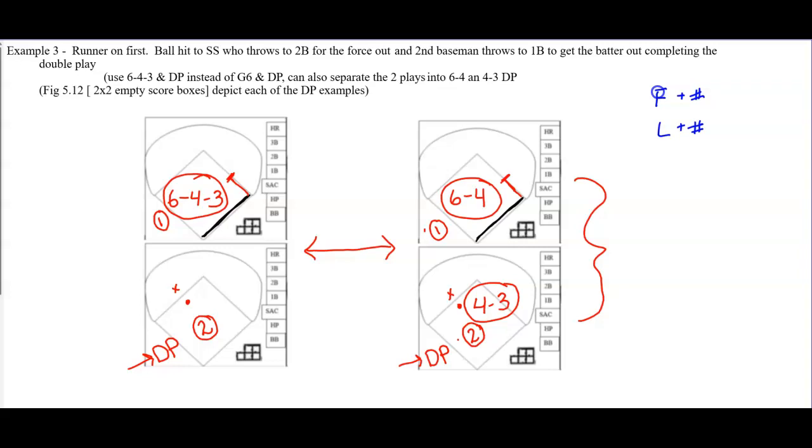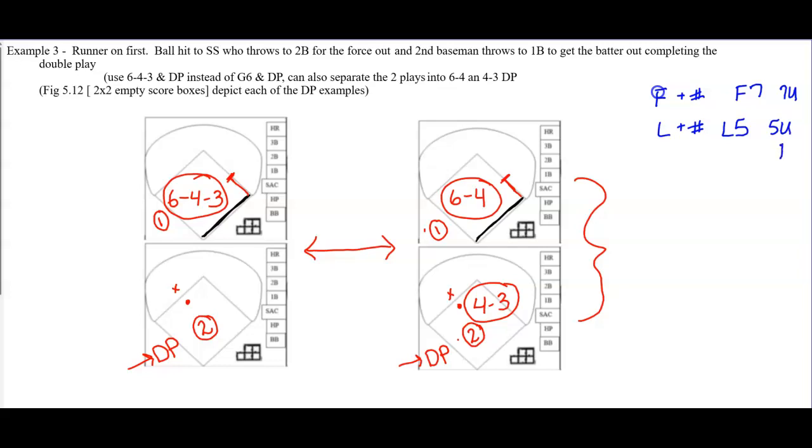So if it was a fly ball to left field, you could still say F7. You don't have to do 7 unassisted. And likewise with the line drive, you could just say L5 for a line drive to the third baseman versus 5 unassisted.